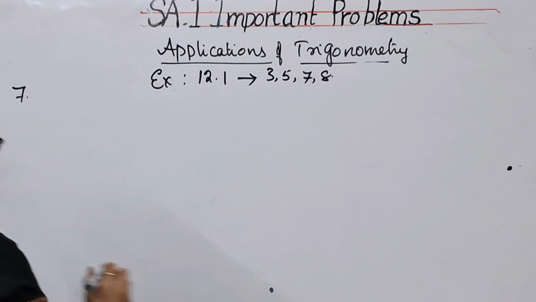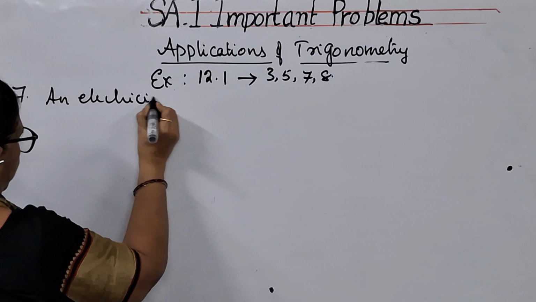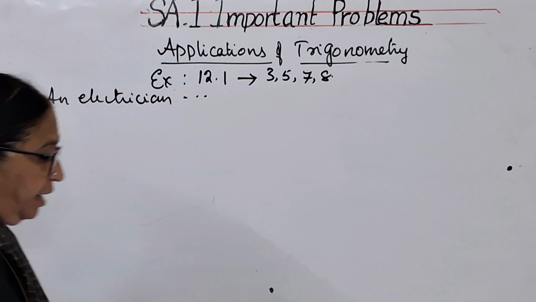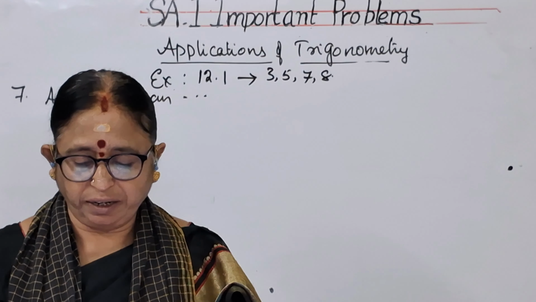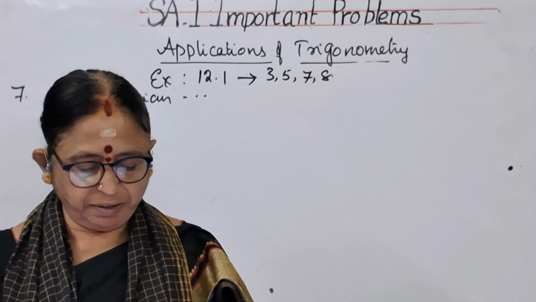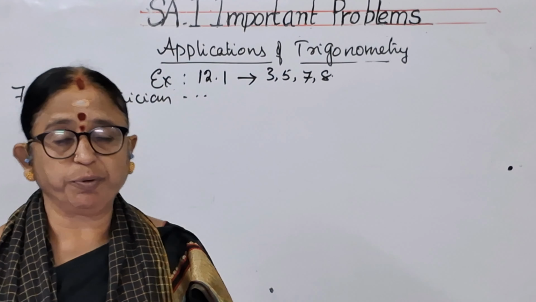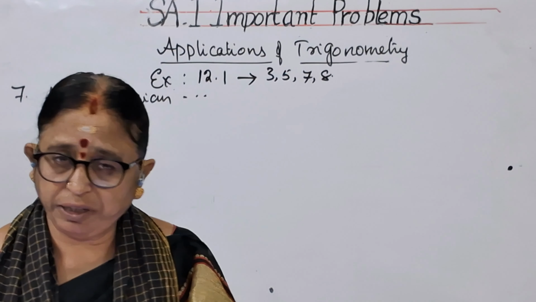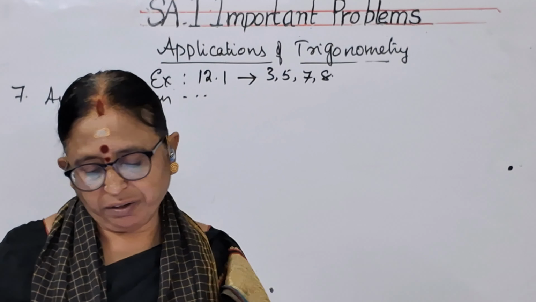The question is, an electrician wants to repair an electric connection on the pole of height 9 meters. The total height of the pole is 9 meters. He needs to reach 1.8 meters below the top of the pole to do the repair. At the tip of the pole, electric connections will not be there, children. Definitely it will be a little bit down, so 1.8 meters below.